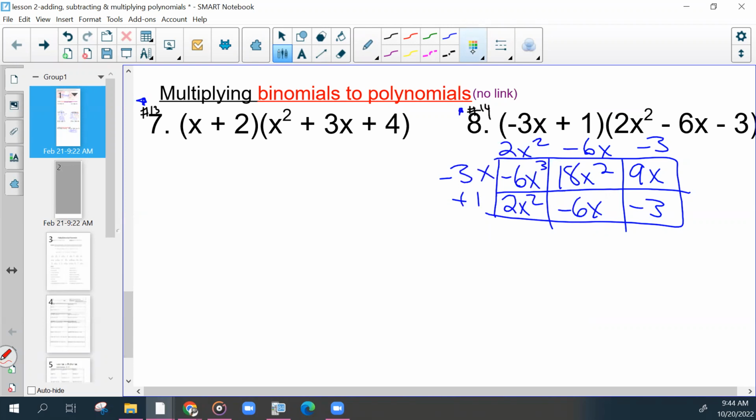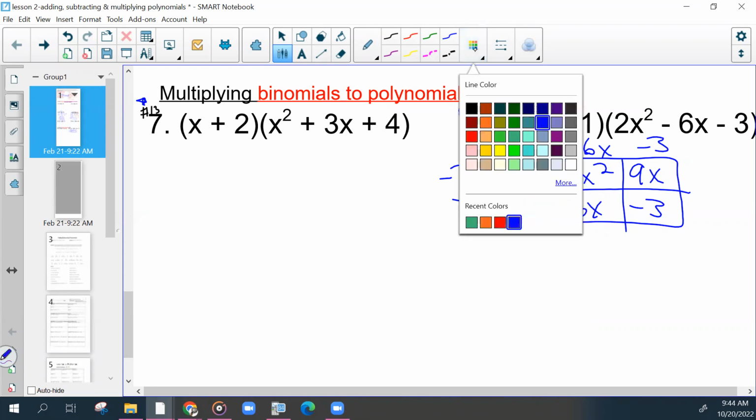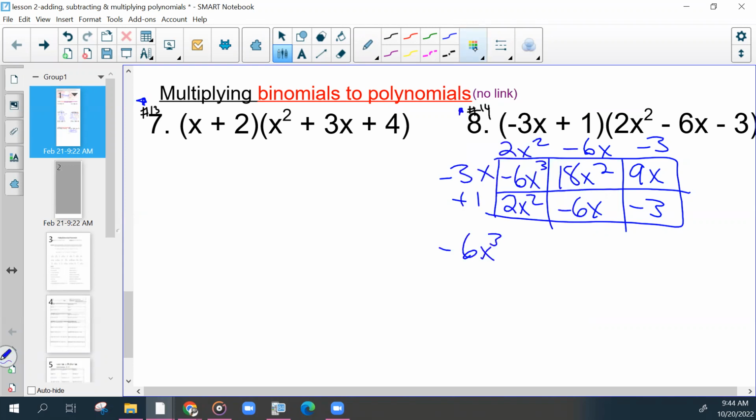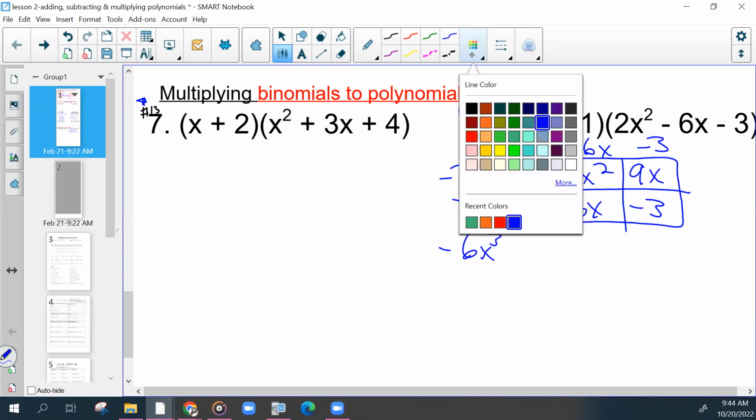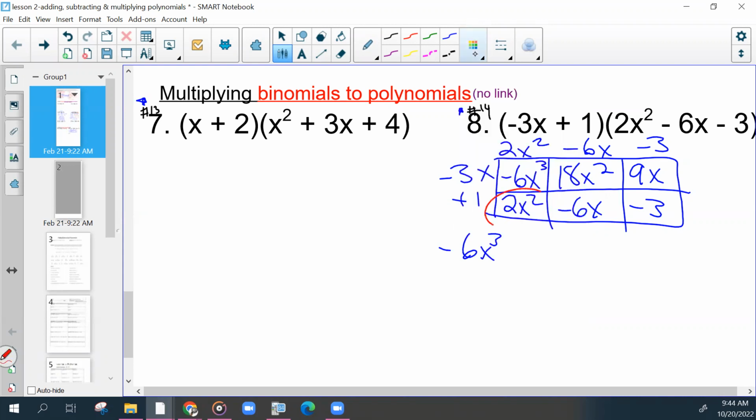Then we look for our like terms, start writing it in standard form. Negative 6x to the third, we don't have another term for that, so we're just going to write that down. We have two terms that are squared, so we're going to combine those. 2x squared plus 18x squared would give us 20x squared.